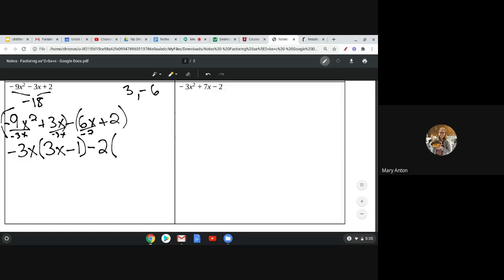Well, that is a positive 3x. And what is this 2 divided by this negative 2? That is negative 1. So we have two terms with 3x minus 1. We are on the right track. In our last step, we factor out that 3x minus 1, and we are left with a negative 3x minus 2.